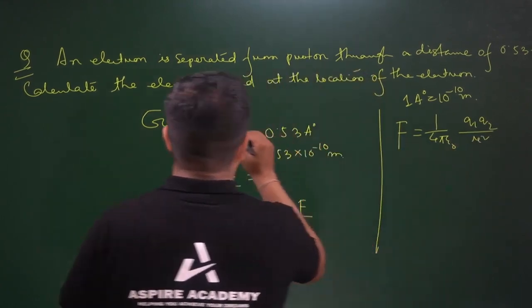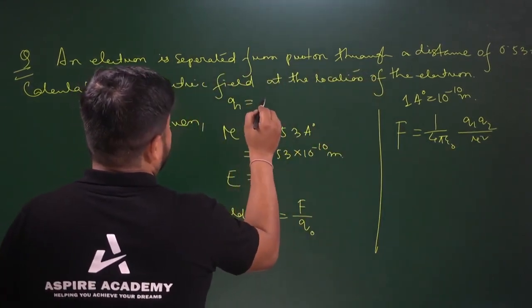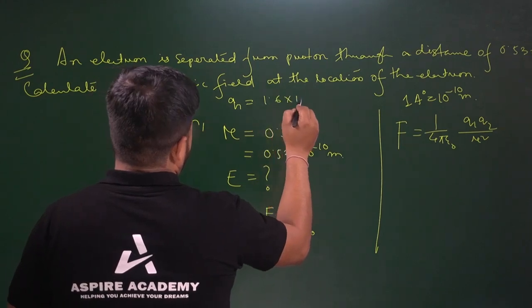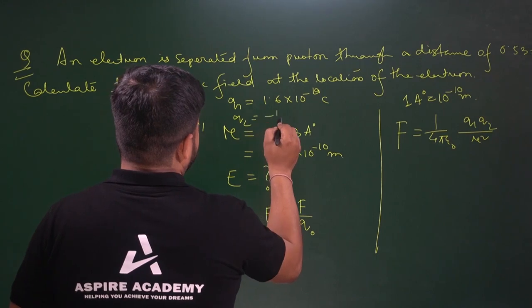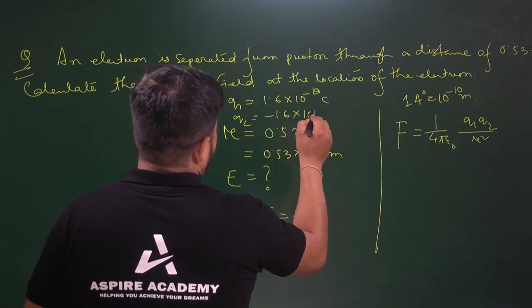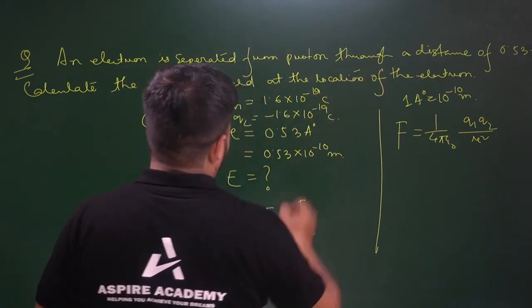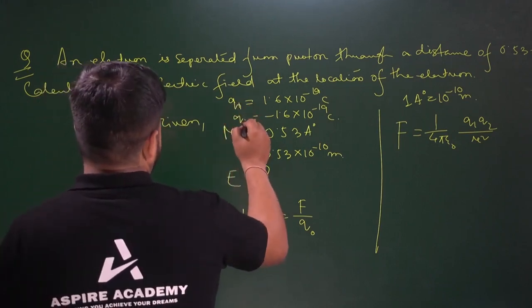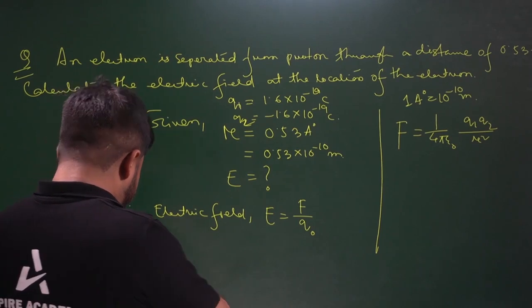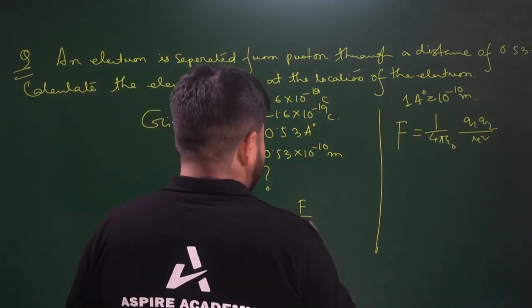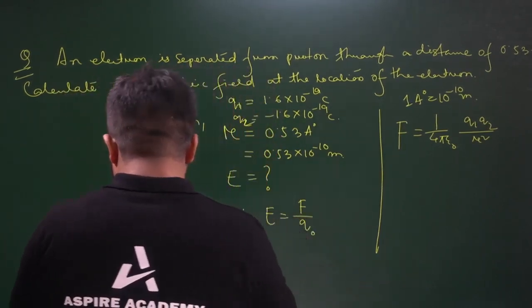Here Q1 is 1.6 into 10 to the power minus 19 coulomb, and Q2, the electron, is minus 1.6 into 10 to the power minus 19 coulomb.